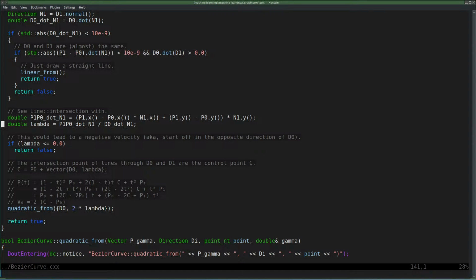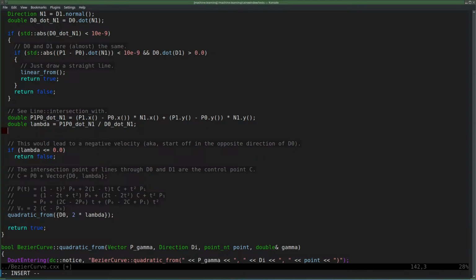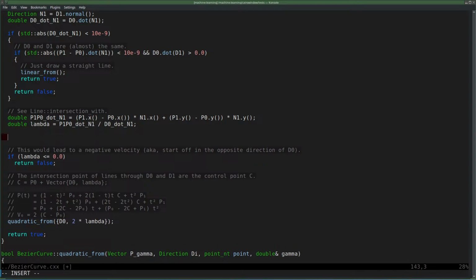So at least we know that this works and that the intersection point is calculated correctly. Probably is, but still. So C is this thing here, where C is a vector, I suppose.